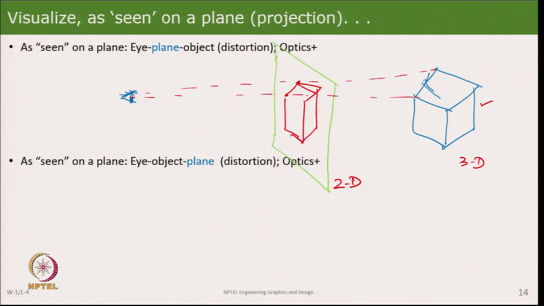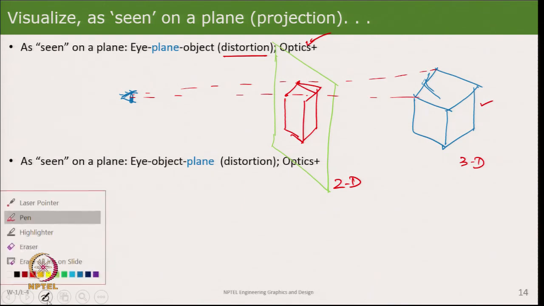When you look with the eye, yes, there is distortion, but basically what it is doing is very basic optics that we have learnt in school. The second technique that is listed here is that the plane is somewhere else.